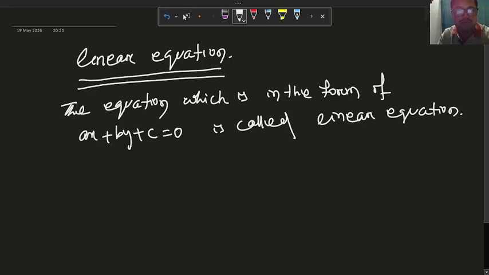So this type of equation is called linear equation. The equation which is in the form of ax plus by plus c equal to 0.